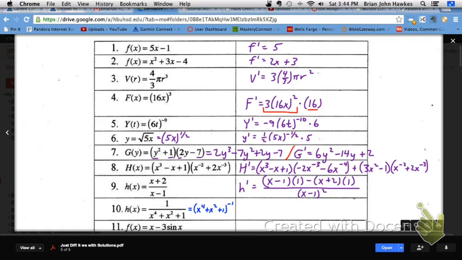Okay, and so by doing that, then I can just use the power rule, chain rule, power rule. And so anyway, h prime is equal to the outside function, which is negative 1, multiplied by the inside function, which is x to the fourth plus x squared and then plus 1.